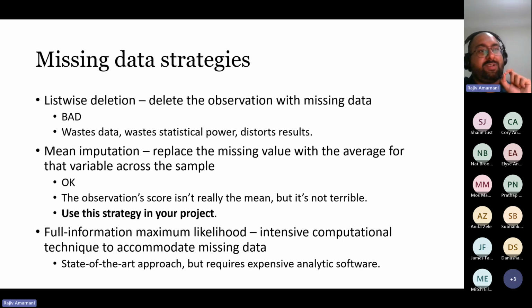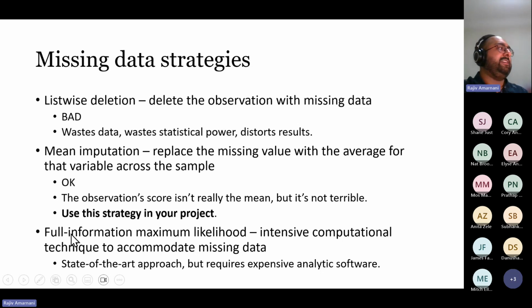We will have to work out whether it makes more sense to use the mean or, in that case, to just drop them. And that decision is analyst discretion. It depends on the context. It depends on the data. It depends on what you're trying to do. So missing on your predictors, use mean imputation. Put in the mean for that variable instead. Missing on the outcome, talk to me.